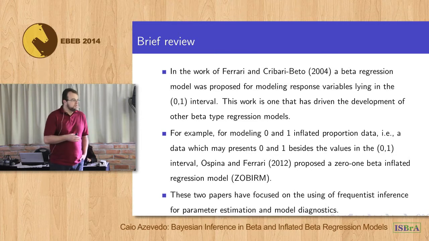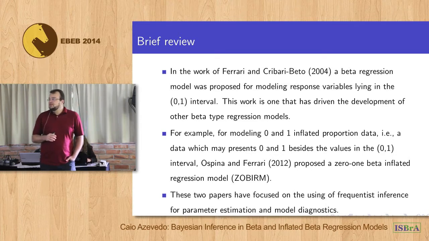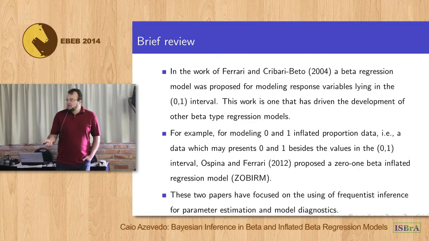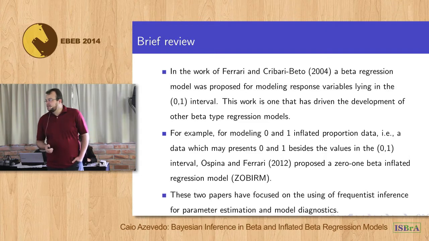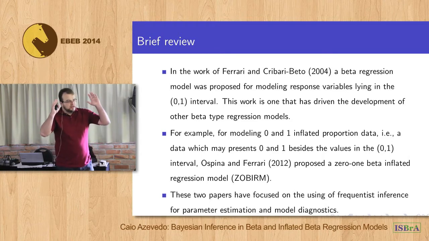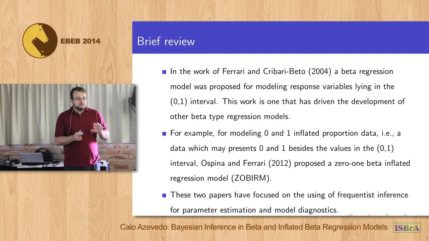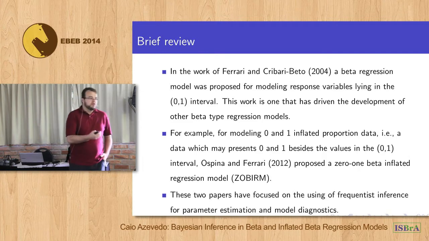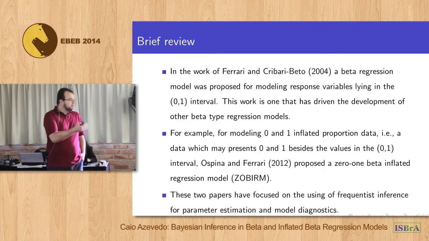The precision parameter in that work was not modeled. Ospina and Ferrari proposed a 0-1 inflated beta regression model. Different from that one, where only values in the interval 0-1, not including 0 and 1, were possible, here it's possible to have 0 and 1 in the data.